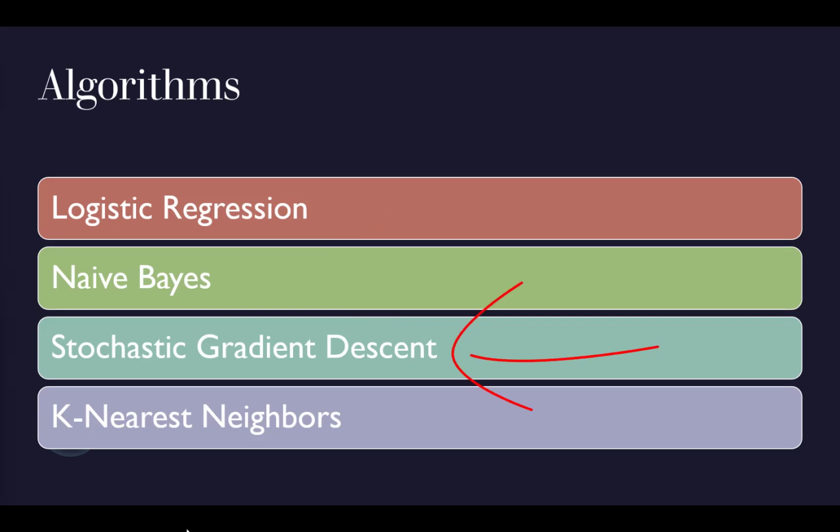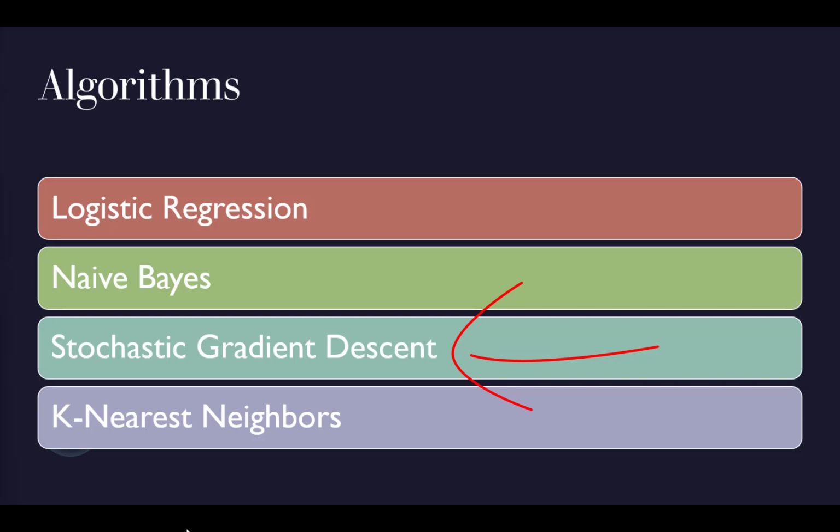Now let's talk about stochastic gradient descent. In order to talk about that specific algorithm, I just want to provide a quick overview of gradient descent types of algorithms. Gradient descent is a generic optimization algorithm. It is capable of finding optimal solutions to a wide range of problems.